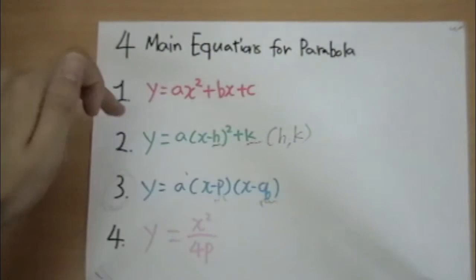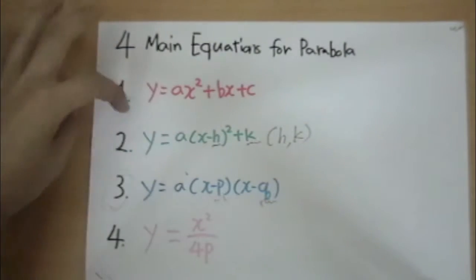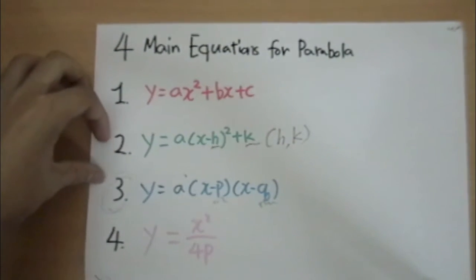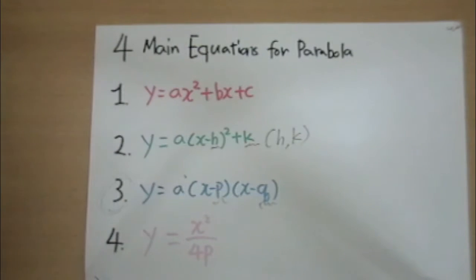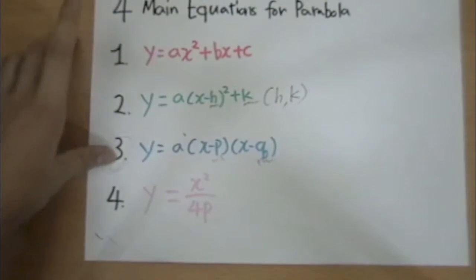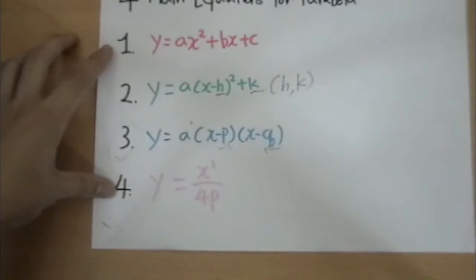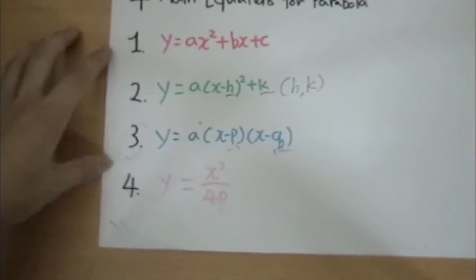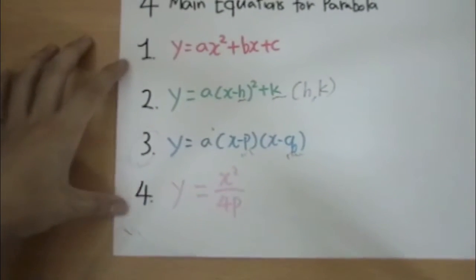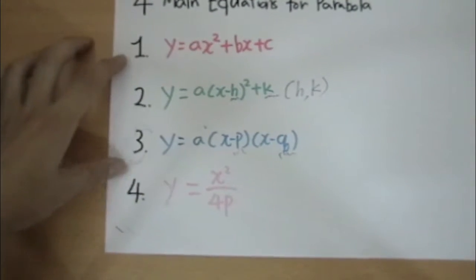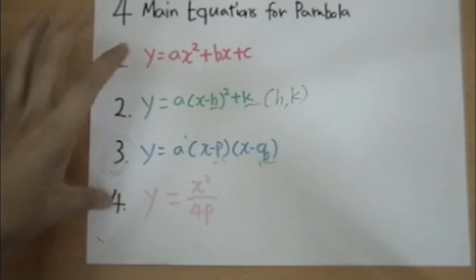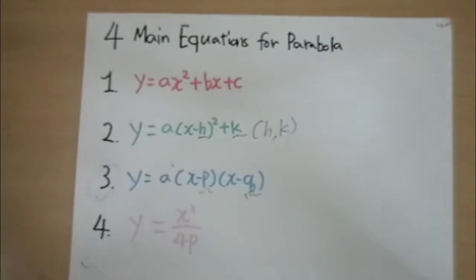The first one is the standard form of a parabola. The second one is the vertex form of a parabola. The third one is for the intercepts. The fourth one is for the focus of a parabola.